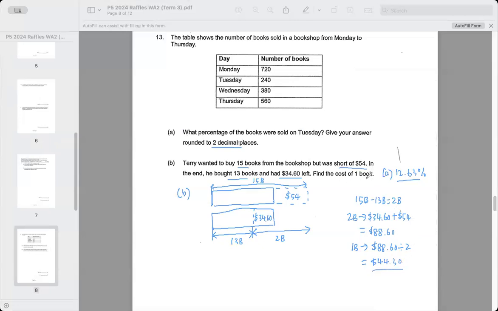The question is asking us for one book, so there we have it, $44.30. So the answer for part B will be $44.30. So A is 12.63%, B is $44.30. With that, let's move on to the last question of this paper.